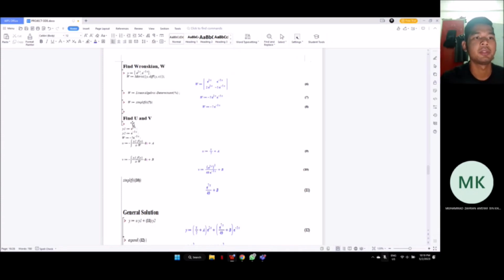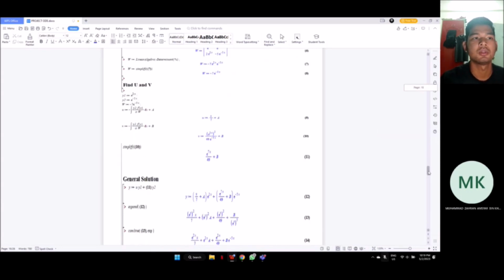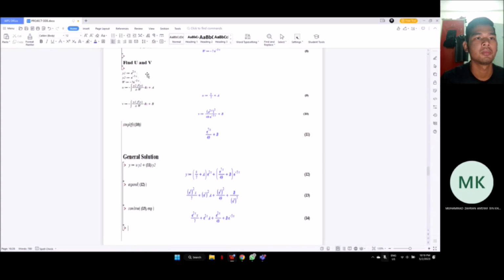Then I have to find U and P for this question. I got to simplify. I got the P power of the S divided by 49 plus.